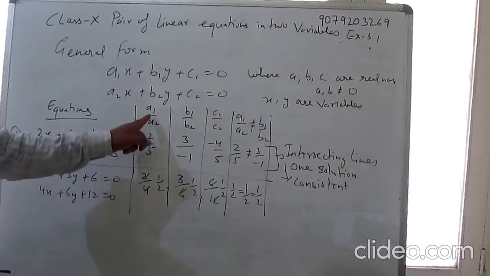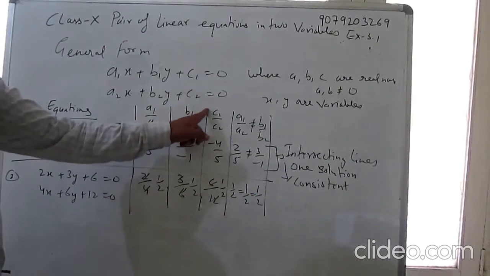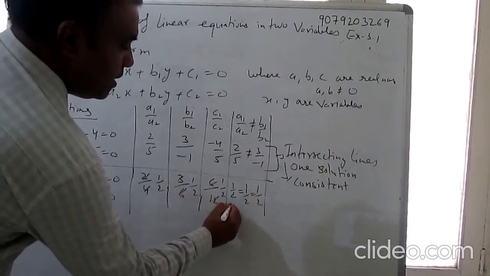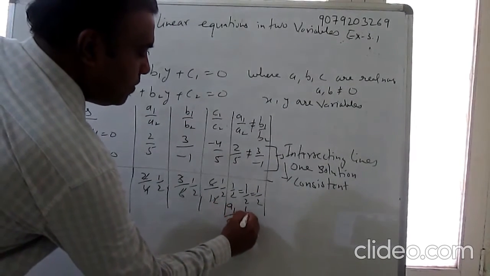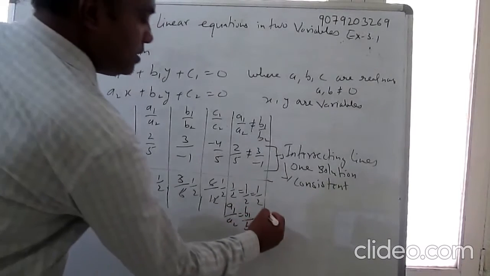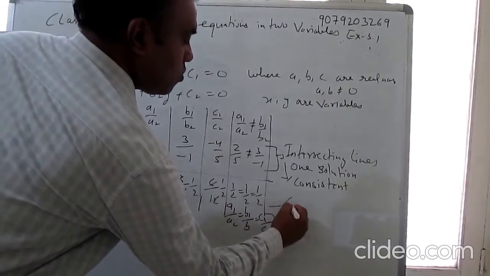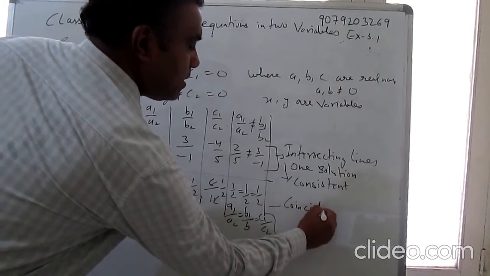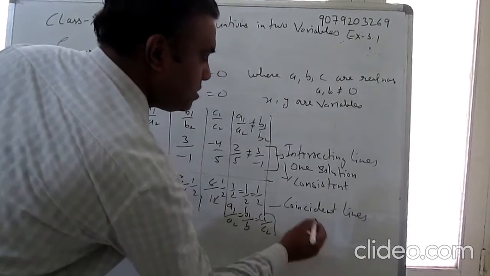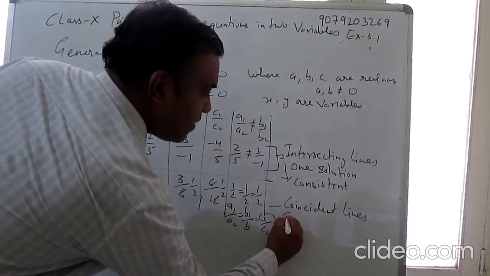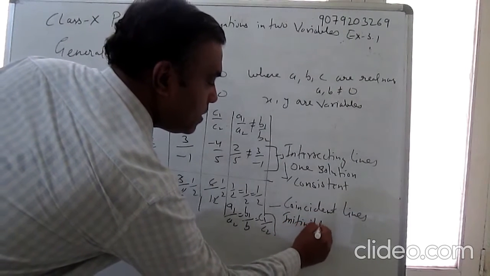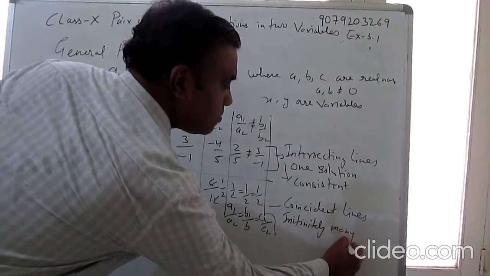When a1 upon a2, b1 upon b2, c1 upon c2 are all equal, it means coincident lines, which overlap. How many solutions? Infinitely many solutions.